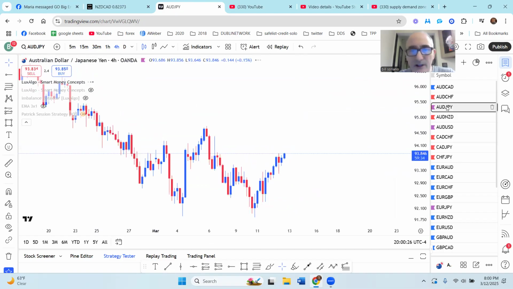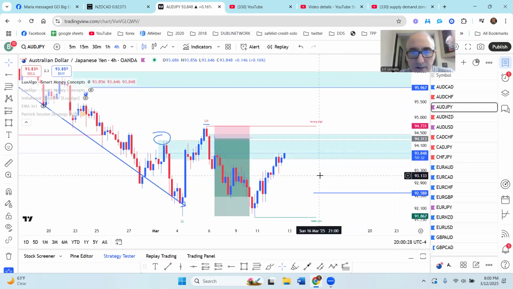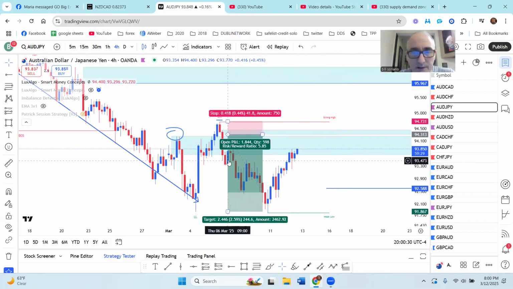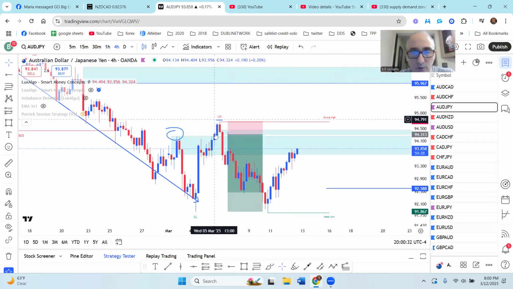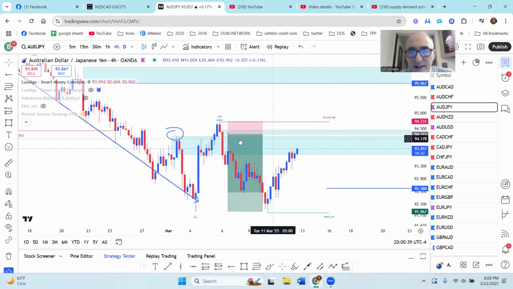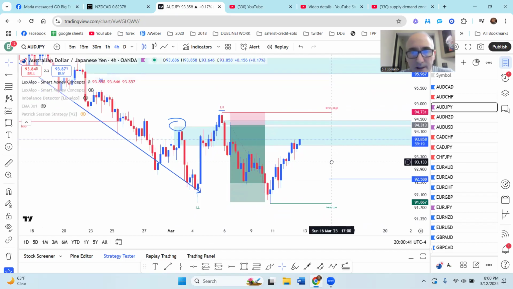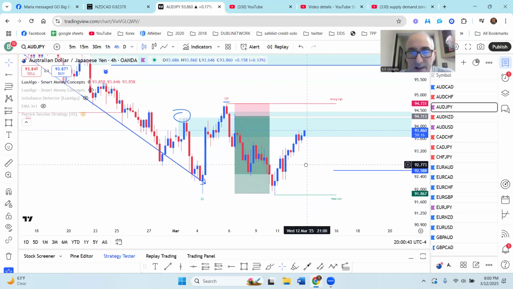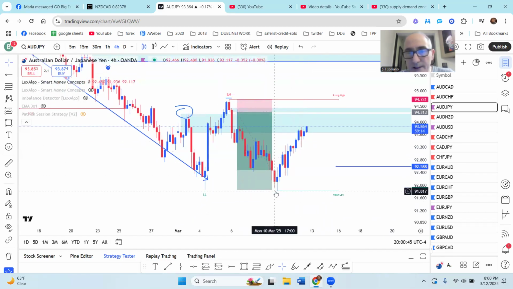Okay, AUDJPY. This was a trade that would have gone off for us. This one, price never came back to our refined supply zone here. So we were never able to get into that trade. And since price did make it all the way down, we would no longer want to trade that area.